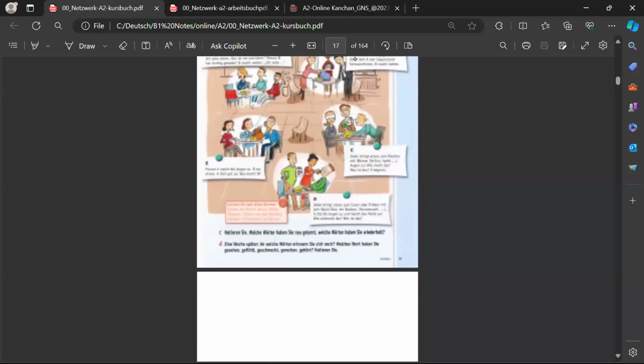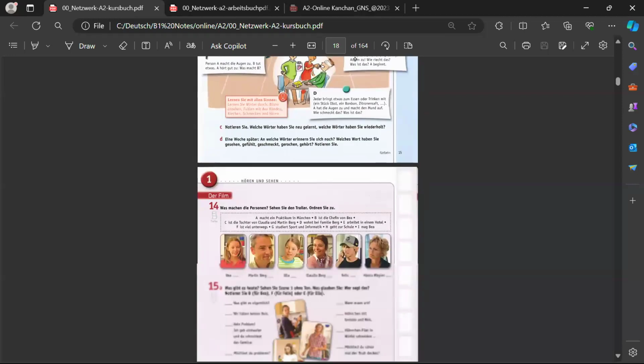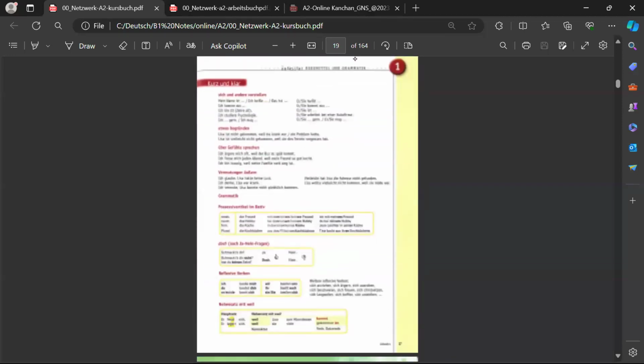In the homework you can go through the summary of the first chapter and write 5 sentences using reflexive verbs. That will be enough for homework. Okay? Tschüss. Bis morgen. Tschüss.